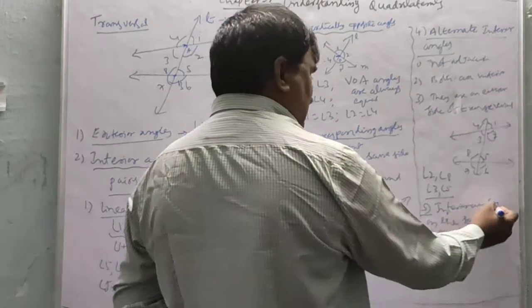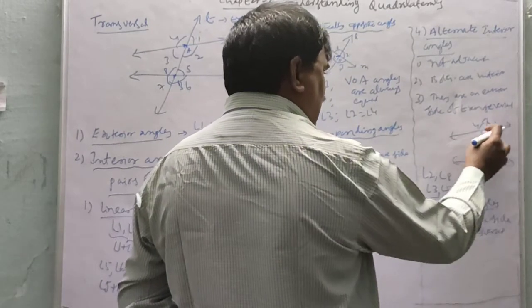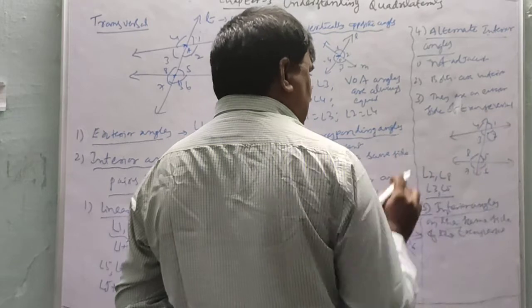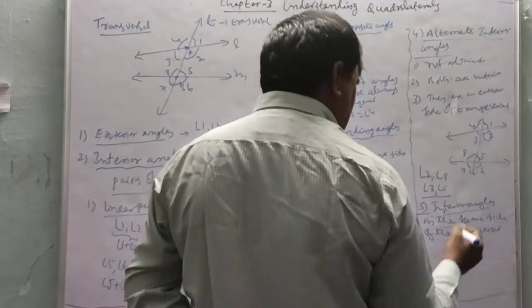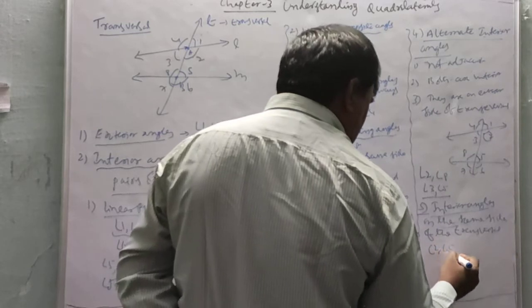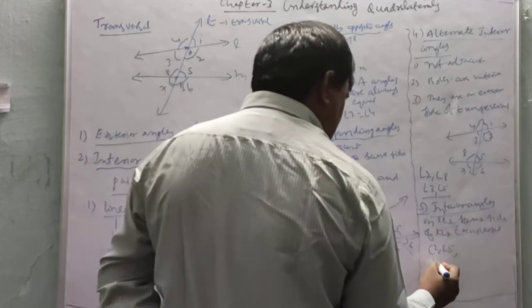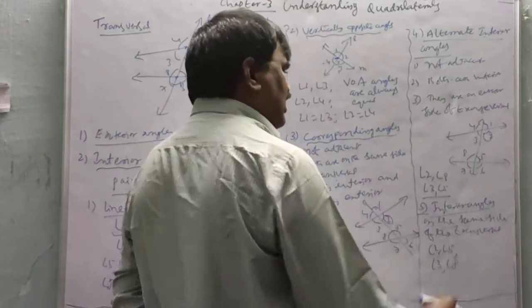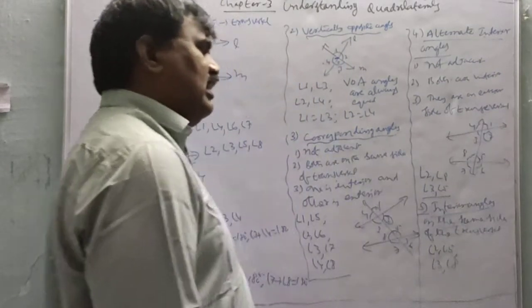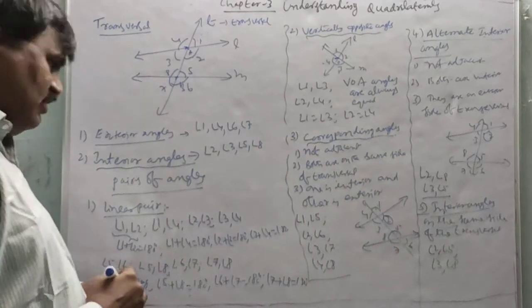The name clearly indicates what it means. Angles 2, 3, 5, 8 are interior angles. Interior angles on the same side of the transversal means only 2 and 5 come, and another pair 3 and 8. Clearly from the figure you can say 2 and 5 are interior angles on the same side of the transversal, 3 and 8 are interior angles on the same side of the transversal.